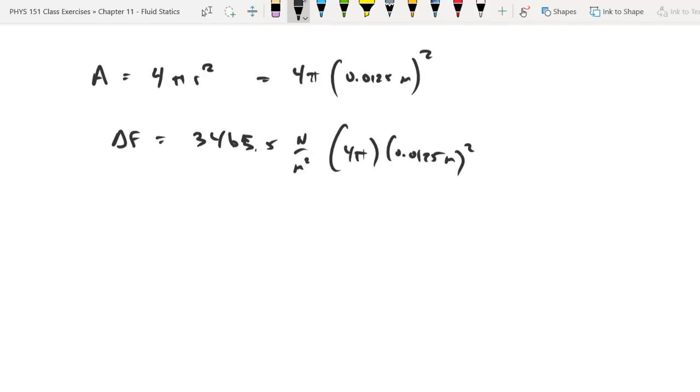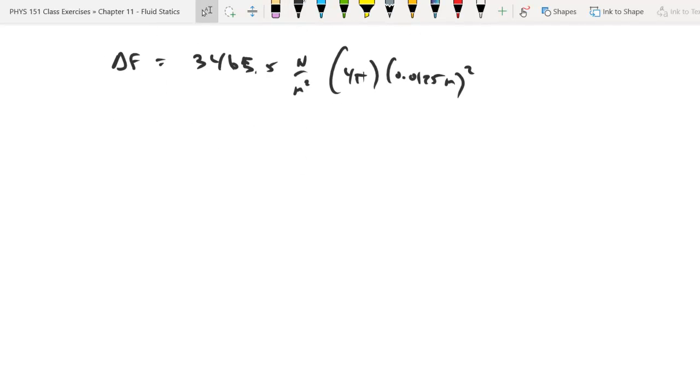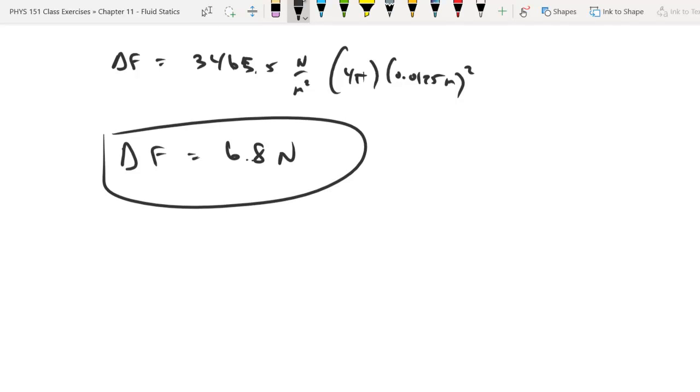You see that we have just newtons left, and you can run through these calculations, but the change in force is about 6.8 newtons. So about an extra 7 newtons there to get that blockage.